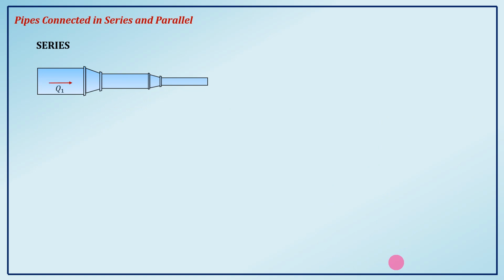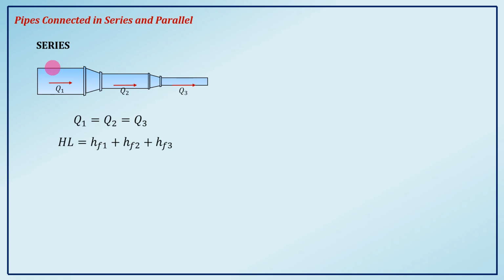There will be a flow rate from this point, so we have Q1 there. Then at this second pipe, we have Q2 and then Q3. We know that this is a series connection. So, from your continuity equation, what comes in is what comes out. So, Q2 is equal to Q1, and Q3 is equal to Q1. Series kasi yan na connection.